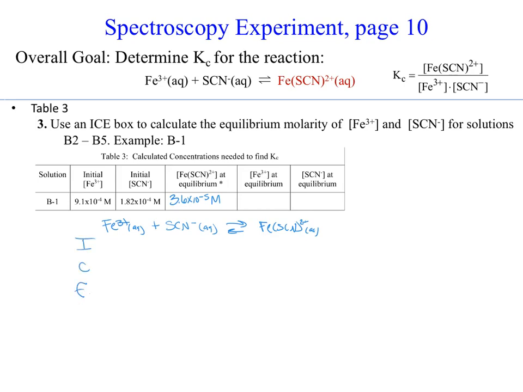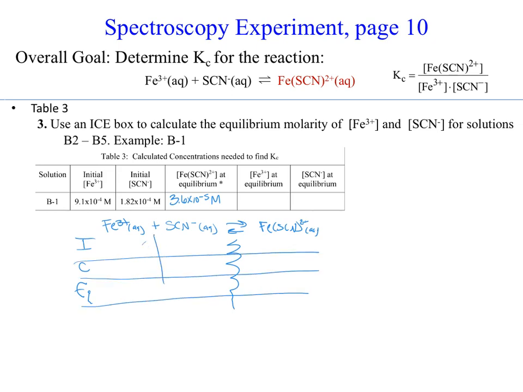ICEQ, I'm going to keep track of all of our reactants and products with this. So for my initial, I plug in 9.1 times 10 to the negative fourth molar, 1.82 times 10 to the negative fourth molar, and 0 for the product, standard ICE box template.